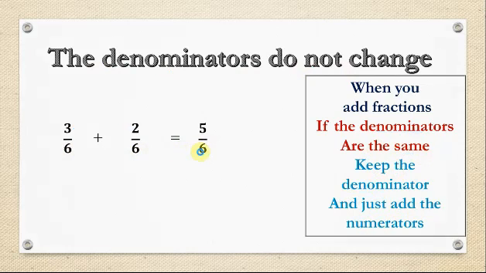Let's see the subtraction. If we have 5 over 7 minus 2 over 7, what will I do? Like the addition, the first thing we have to look at is the denominator. The denominator here is 7 and here is 7. So I will keep it 7.